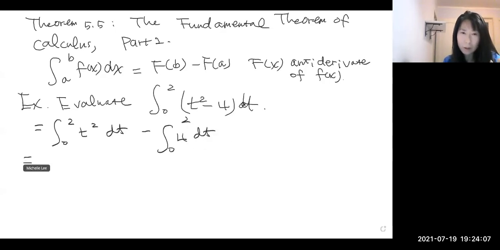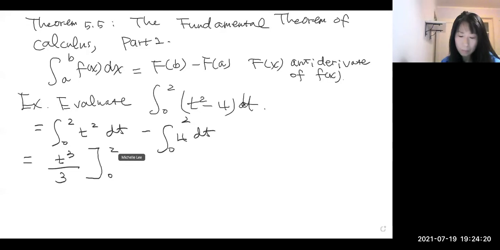So antiderivative using power rule. So we add 1, divide by the new power, and then we're going to evaluate from 0 to 2, right? Then we have 4, and then power rule, so 4t, and then we divide by the new power, which is 1, and then we will evaluate from 0 to 2, okay?